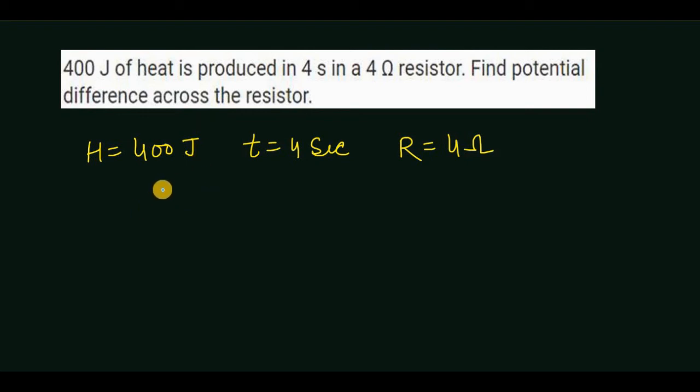We have a formula, H equals V square upon R into T. In this formula we have H, V, R, and T. All the values which are given and which are required come in this formula, so we will use this. Actually Joule's law of heating is H equals I square RT, but we can change this. In place of I we replace V upon R, so you will get this formula.